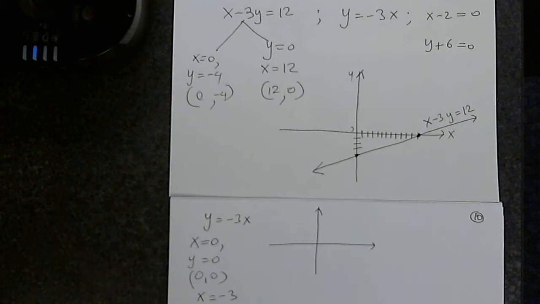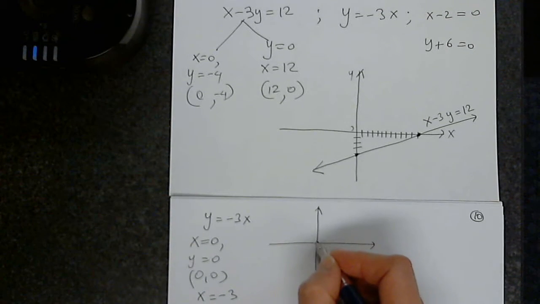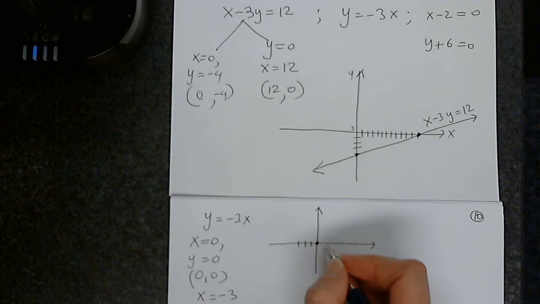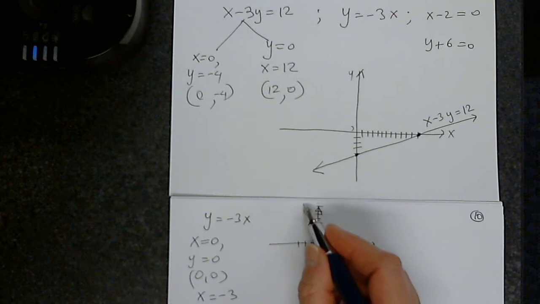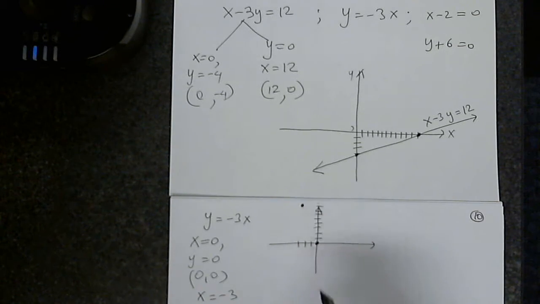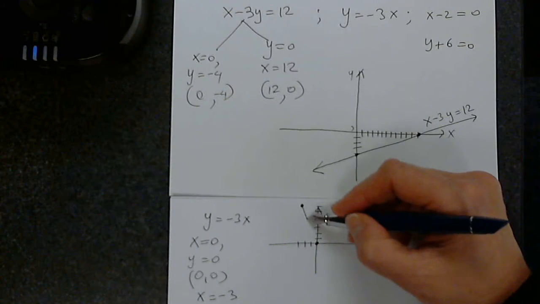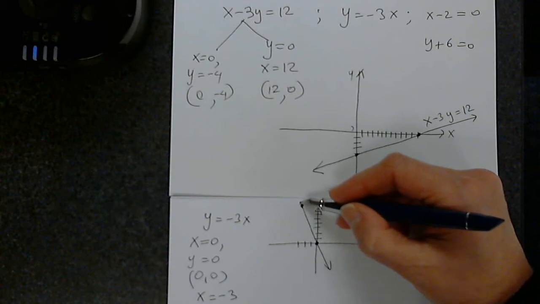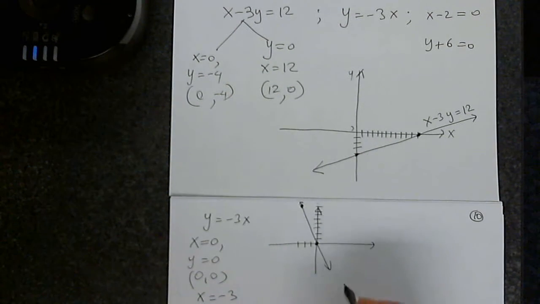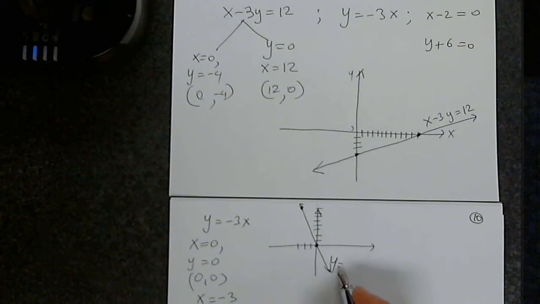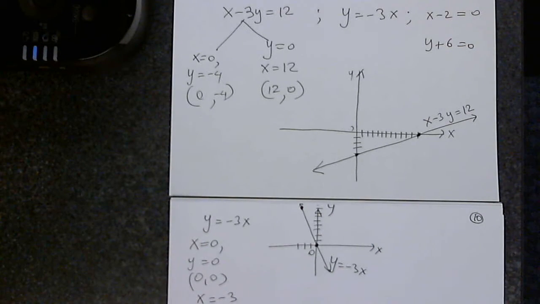Good, good. So 0, 0. 1, 2, 3. 1, 2, 3, 4, 5, 6, 7, 8, 9. So here's the line. You have to extend it up and down in both directions. So this is the line y equals negative 3x. Okay, now I want x minus 2 equals 0.